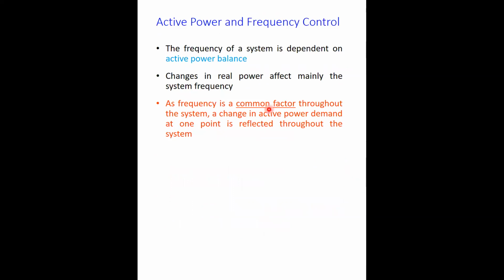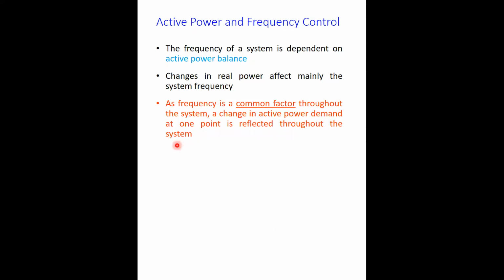So the frequency of the system depends upon the balance of active power, basically. Changes in the real power will affect your system frequency. And thus you can say the frequency will be a common factor throughout your network. A change in active power demand at one point will be reflected throughout the system because the system is interconnected.